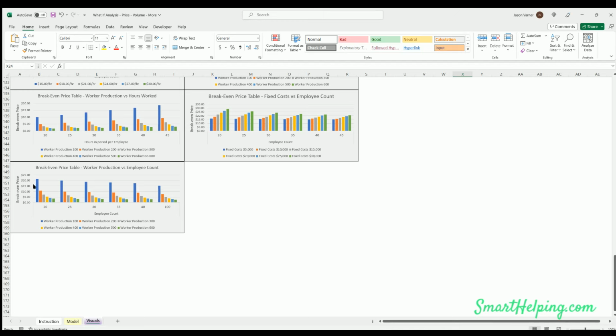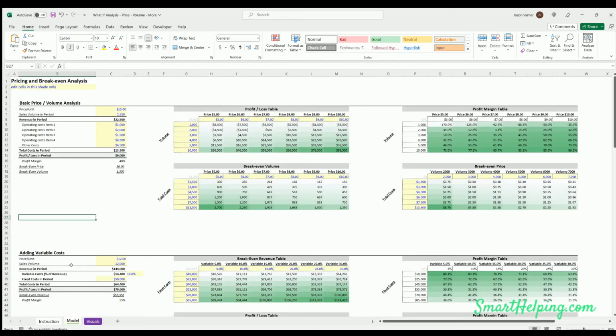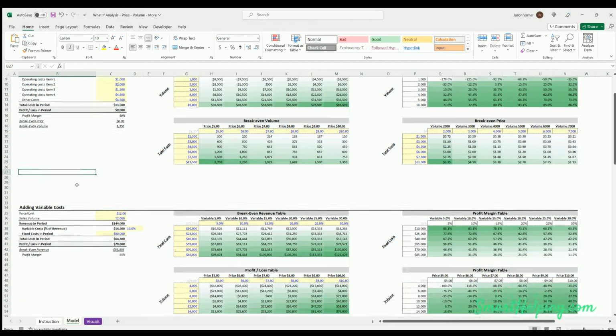What is the break-even price? So I think these are all really cool. This is just good to understand in general for any manufacturing business or basically anybody that is selling units in bulk or producing units in bulk and then selling them can use this model.